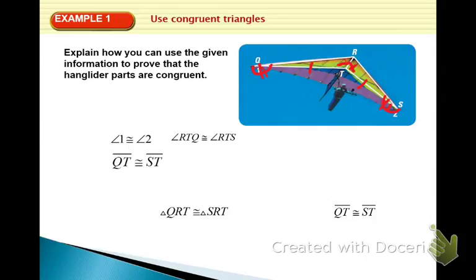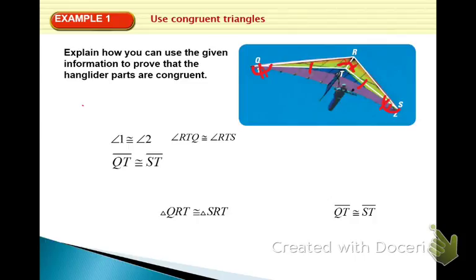First we have to show QRT is congruent to SRT, and then we're going to use the corresponding parts. So, we've got these outer angles 1 and 2.